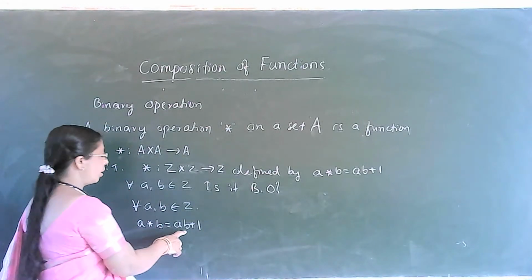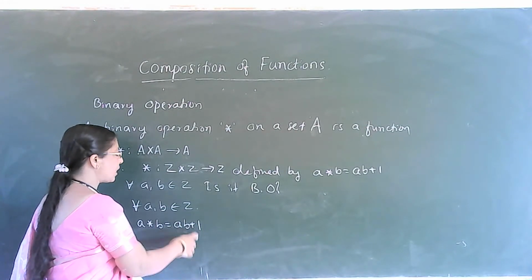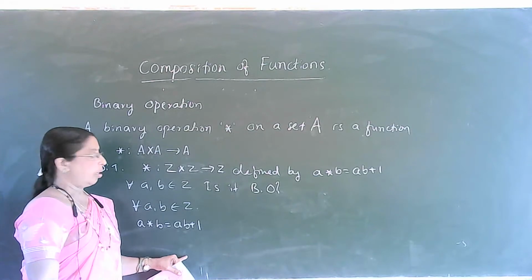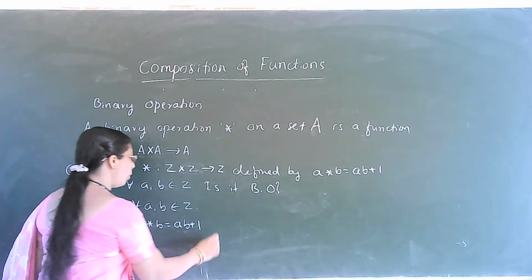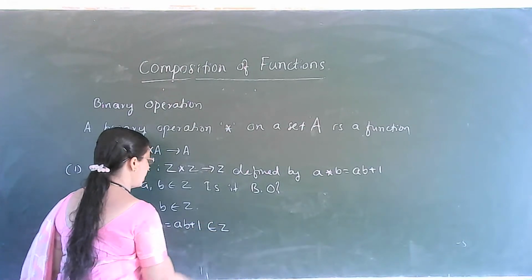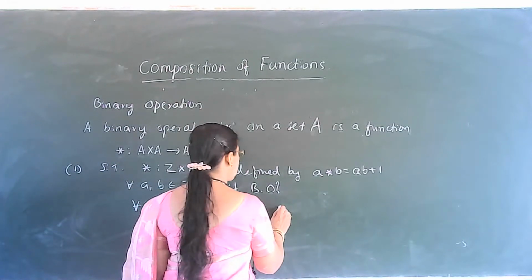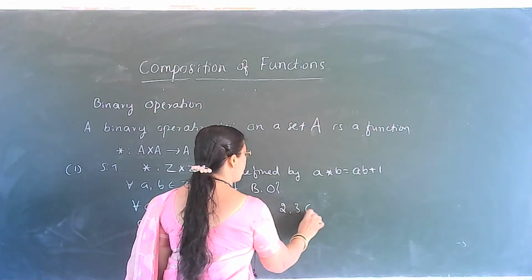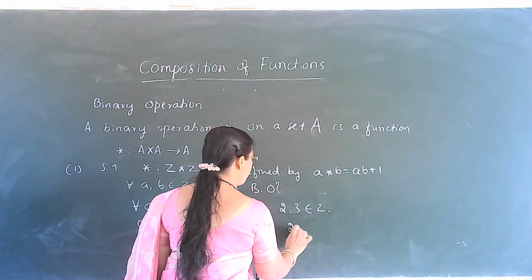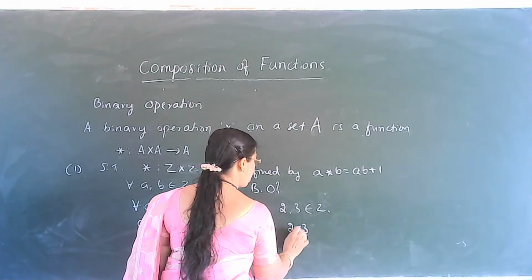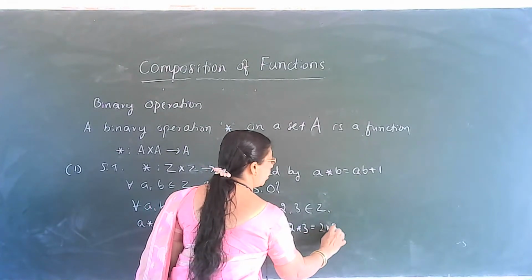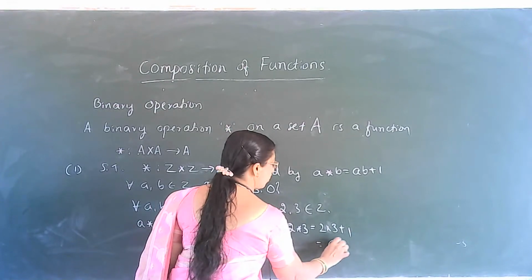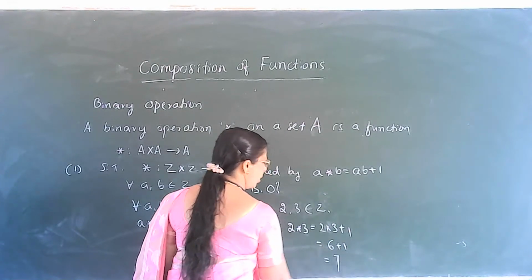Then adding 1 to the product AB, we get an element that also belongs to Z. For example, 2 and 3 belong to Z, then 2 star 3 equals 2 into 3 plus 1, which is 6 plus 1.